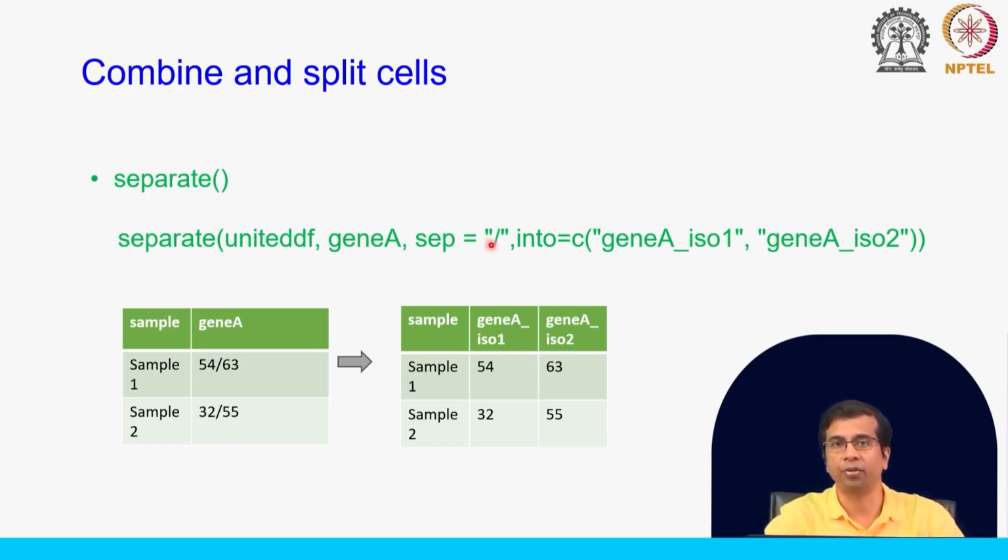This is the separator we should use, and into, what are the new column names that it should create. Okay, so into c, gene ISO 1 and gene ISO 2. So what happens when you apply this command? This data frame or table gets converted to this one. Okay, on the right, you can see this 54 by 63.